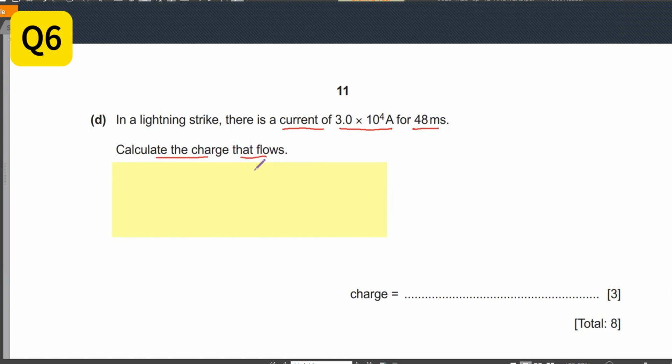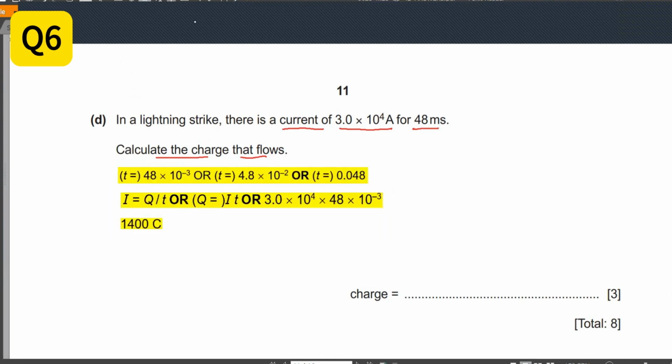For this question, it involves this formula: I equals Q over T. So current equals charge divided by time.